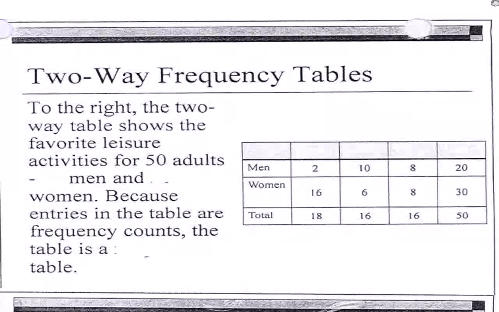And how we will display this data is in what we call a two-way frequency table. So over here to the right, first of all, let's fix our copies. This is dance and sports and TV.